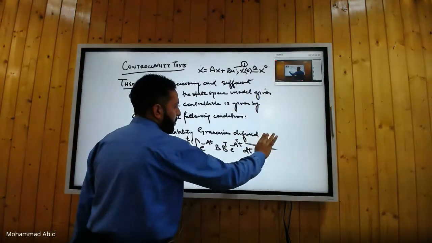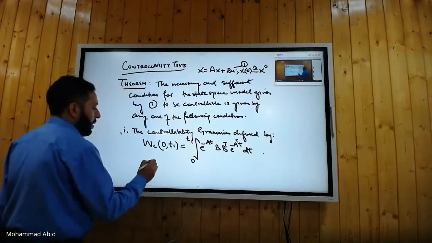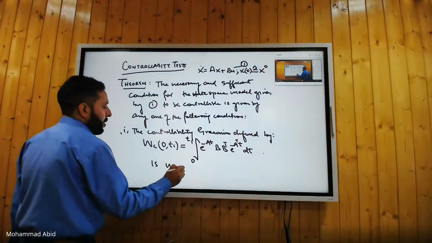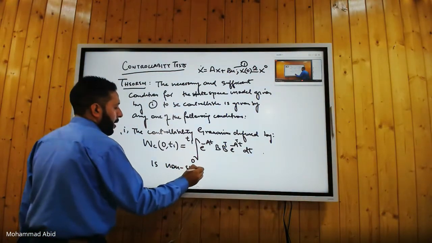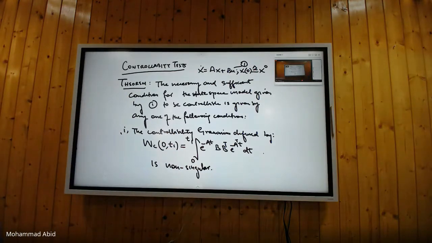The controllability Gramian defined by this is non-singular. Isn't it? That was the first condition.